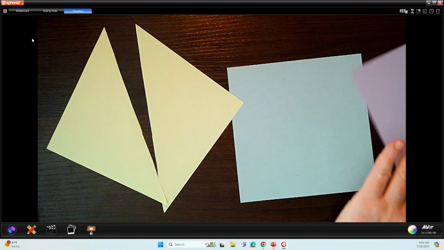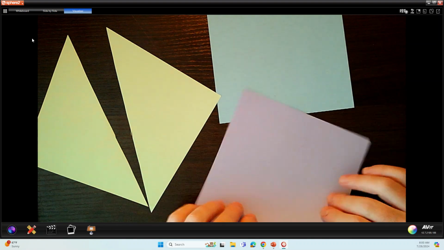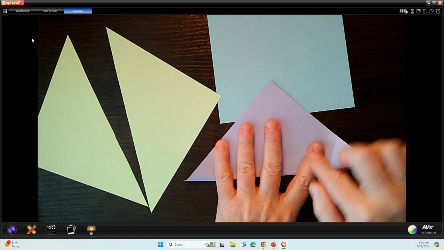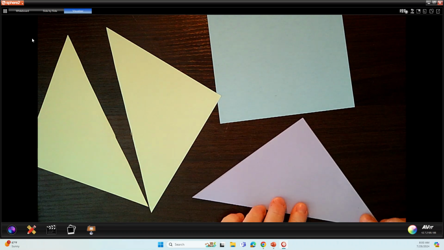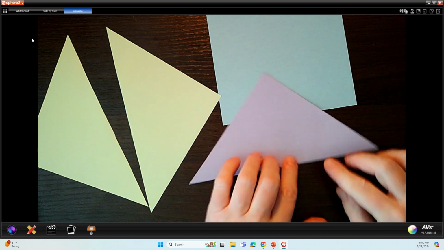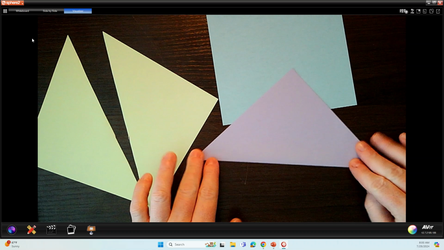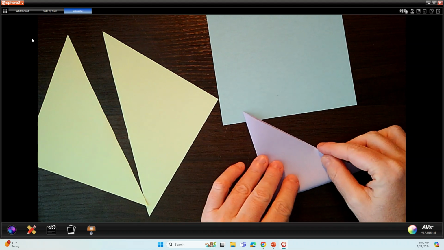Okay, now watch. I'm going to take this purple one, and I'm going to do a diagonal, just like I did with the green ones. But then I'm going to do it again. So I folded my square diagonally in half, and then I'm going to take the triangle and I'm going to fold it in half. Now check this out.